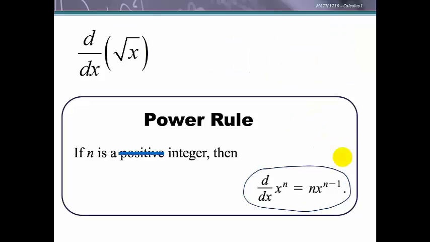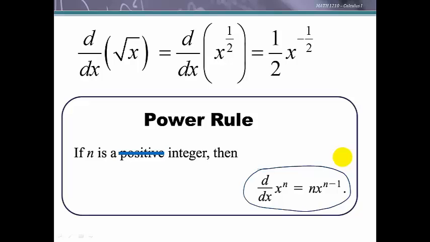We know that the square root of x, this radical, could be expressed as a rational exponent, and so we could express this as x to the 1/2, and it turns out that the power rule applies when n is any real number. So it doesn't have to be an integer, it doesn't have to be positive, it could be positive or negative, and it could be a rational number, any real number in fact.